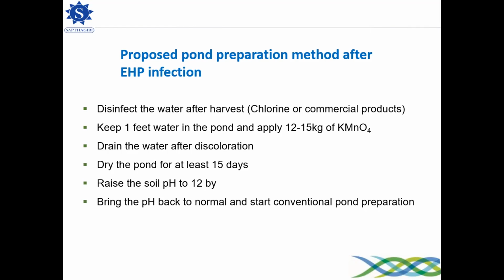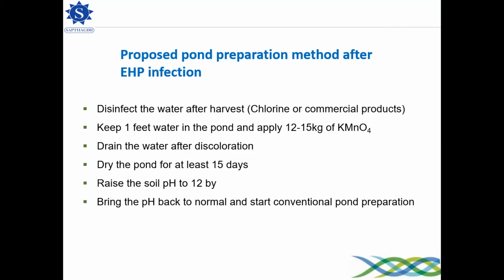It is very important to watch the discoloration time of the water, because when the pond has more organic load, the discoloration will come fast. So there will not be enough concentration or enough time to inactivate or kill the spores. So it is very important to see the discoloration.